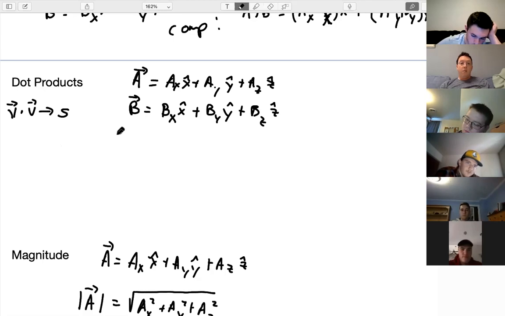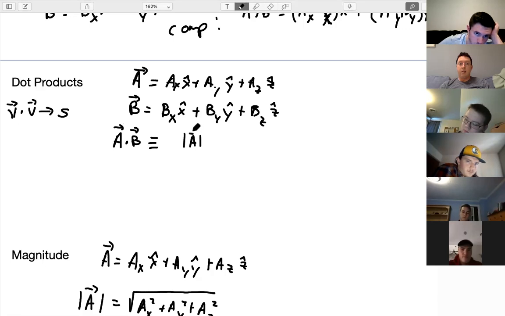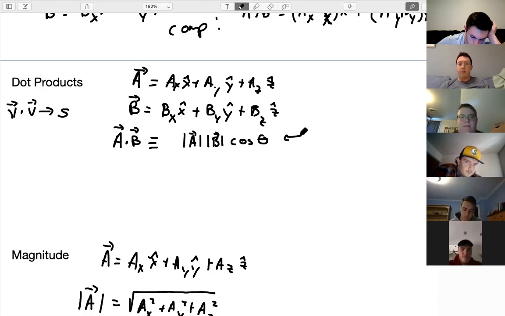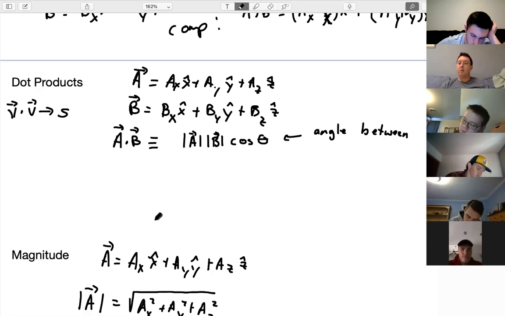And the one way to do it is to say A dot B is defined to be the magnitude of A times the magnitude of B times the cosine of the angle between them, where theta is the angle between them.